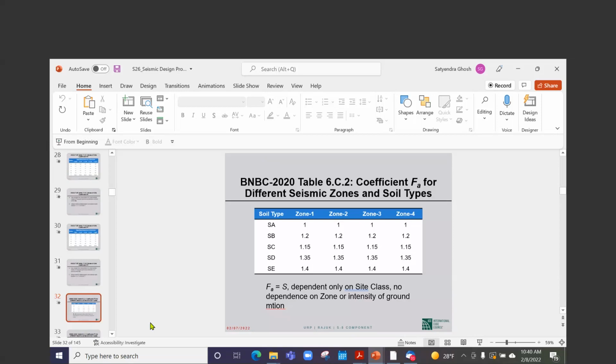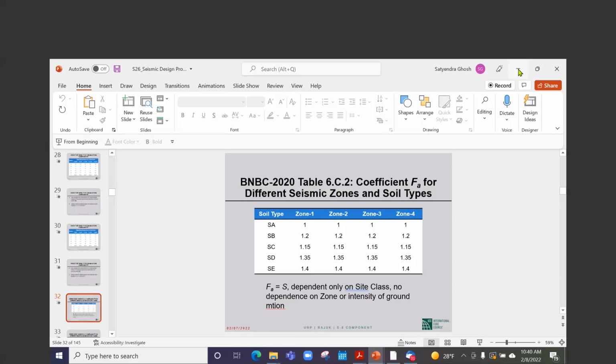I mean, he means by the code. But if due to architectural reason, the owner needs something that will lead to vertical irregularity, then how do we go around that?